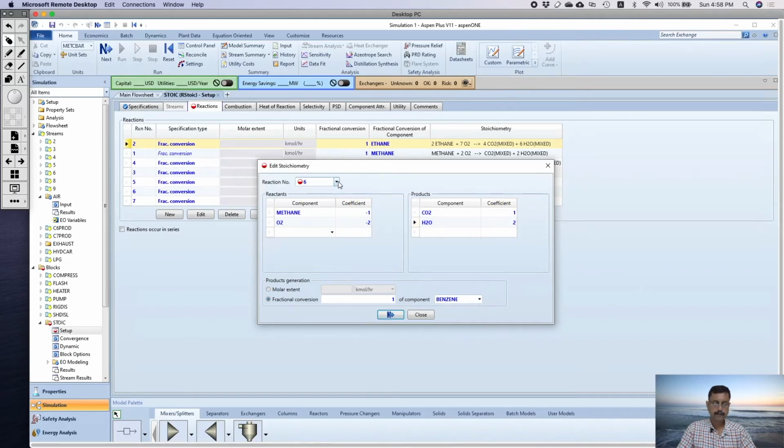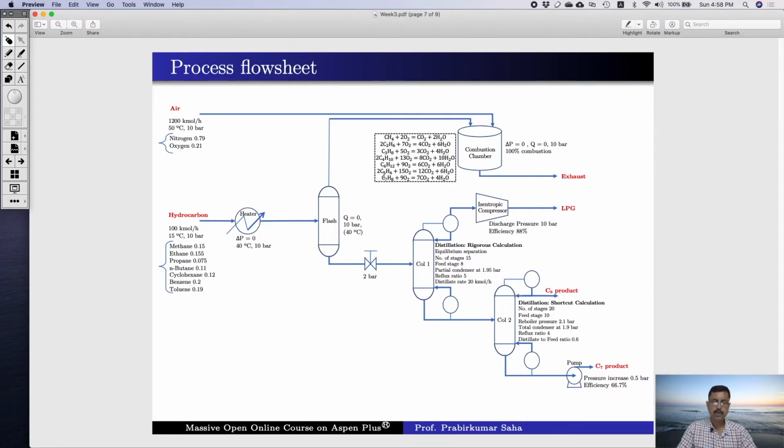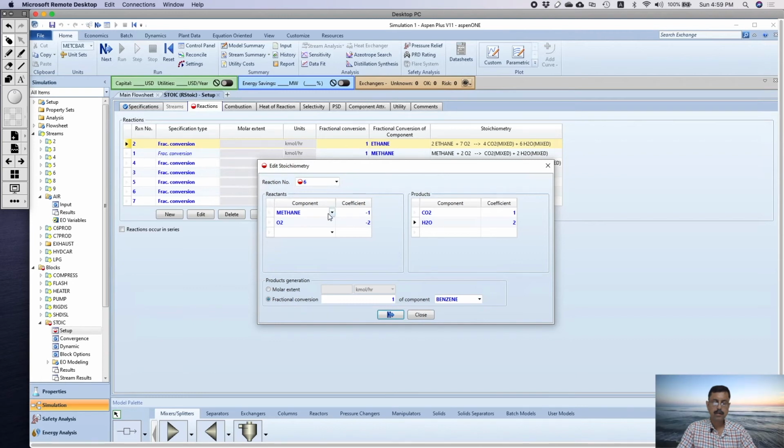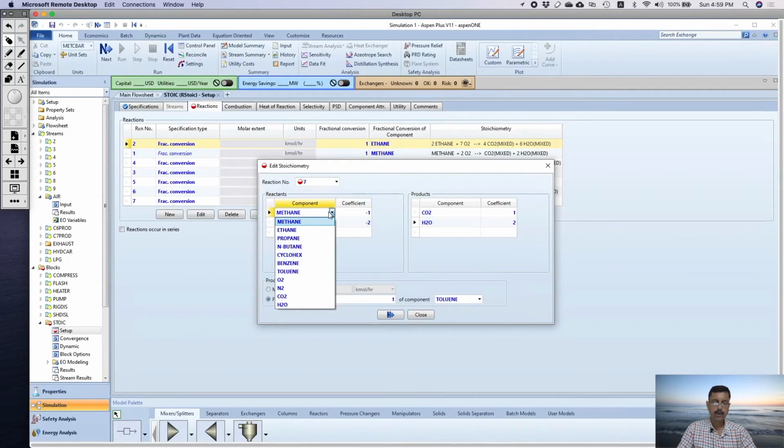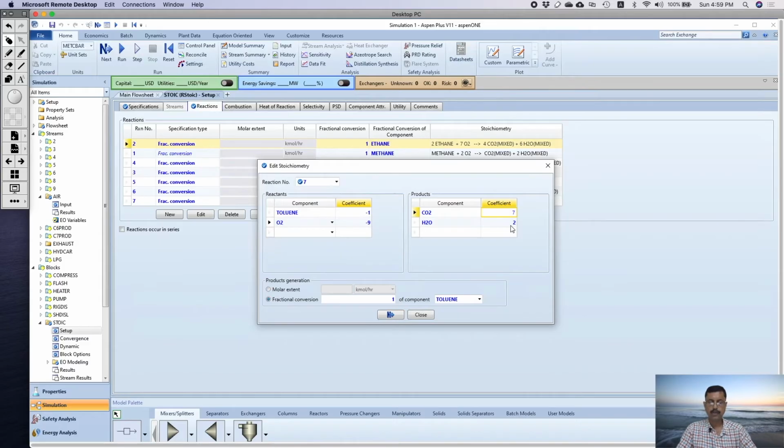Number 6 benzene 2 15 12 6. And the last reaction is for toluene 1974.